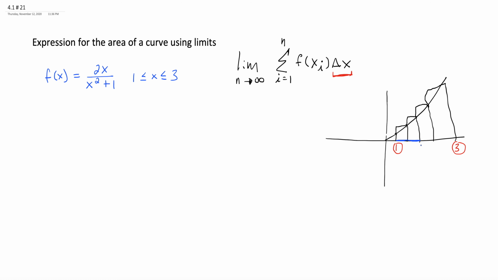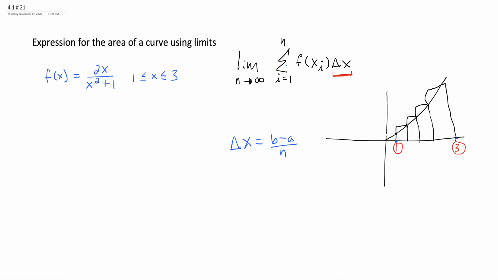The way you determine that is through this formula: delta x equals (b minus a) over n. So you can determine the width of your intervals depending on your domain, like where you're doing this from. We're doing it from there to there.